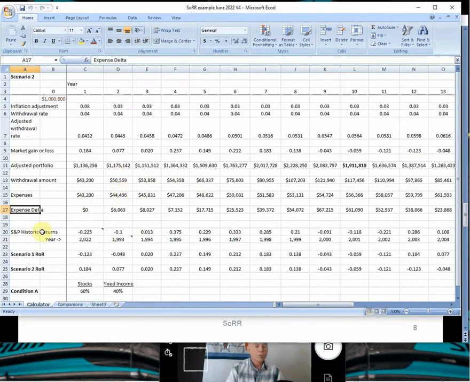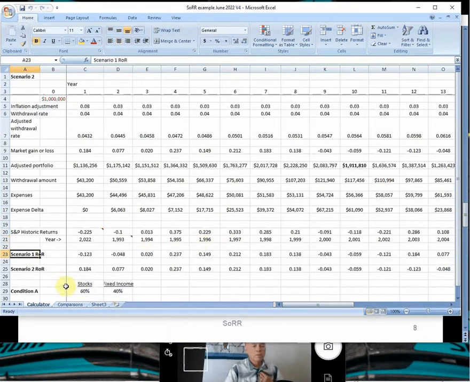So continuing on in presenting what's in the model, here are the S&P 500 historic returns. These are the years, and these are the remaining 29 years. I used year to date roughly for year one. And then for the successive years, I went back to 1993 and showed actual returns going all the way out, again, to inject a little bit of reality, hopefully, as well as some randomness into the analyses.